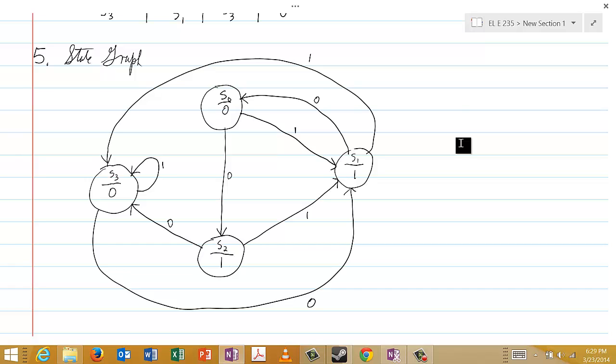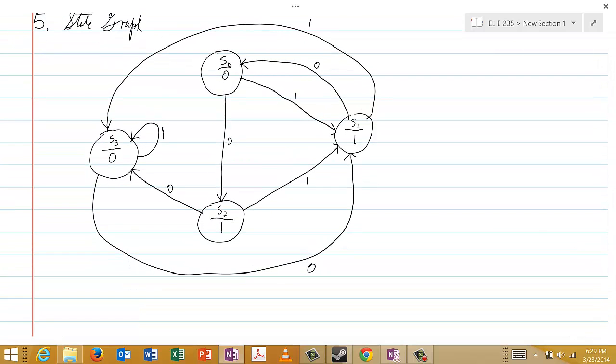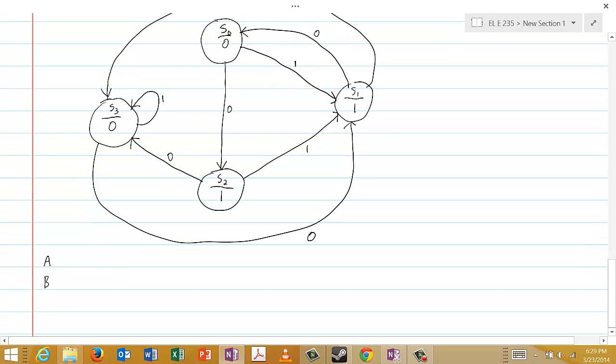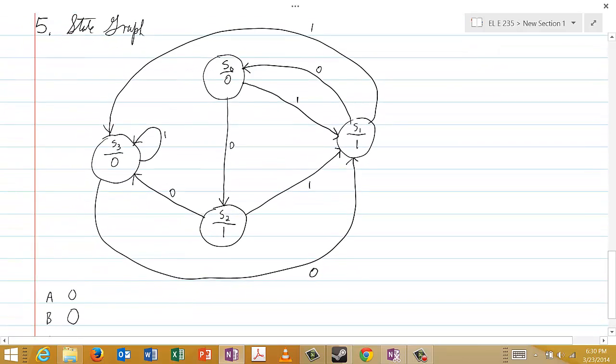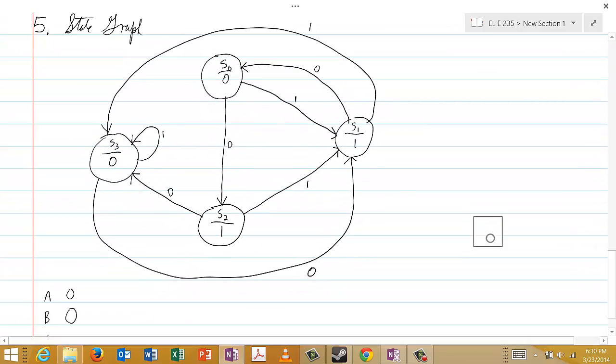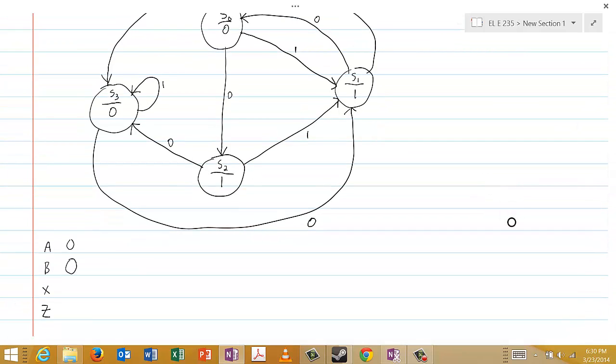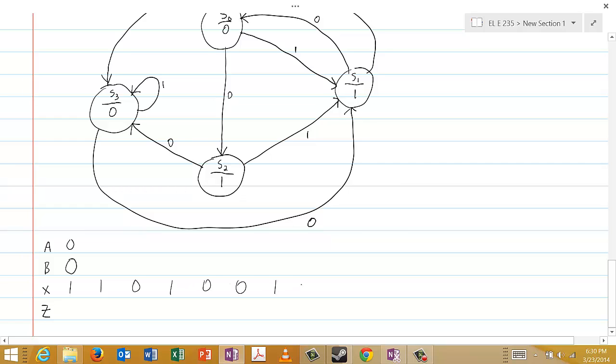But one other thing I'd like to do is to show you how this might be used. So as an example, let's say that we're told that the initial state of the system is the 0, 0 state, and that we have an input sequence to the system given by 1, 1, 0, 1, 0, 0, 1, 0, 1.